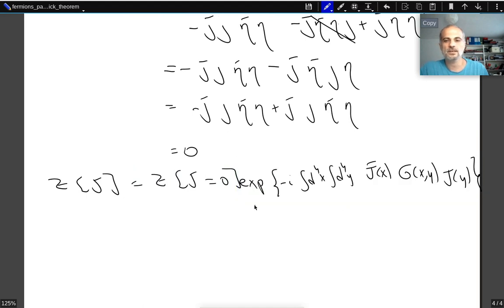Again, although I have anti-commuting objects, I'm just changing their position as I wish, because z of j equal to 0, and this exponent contains bilinears of Grassmann numbers.